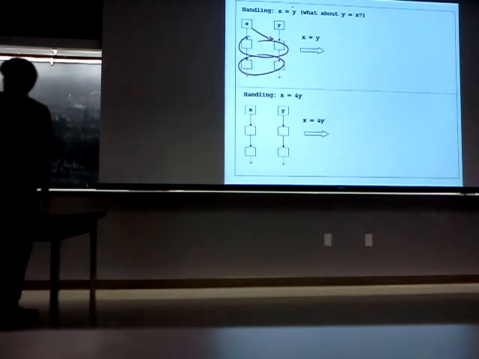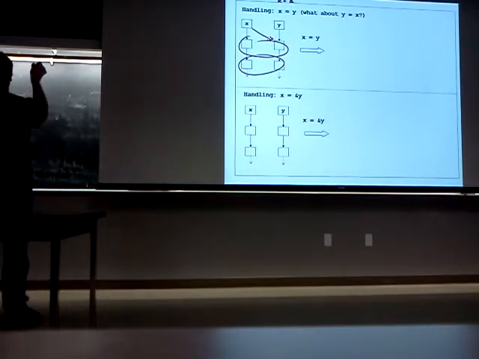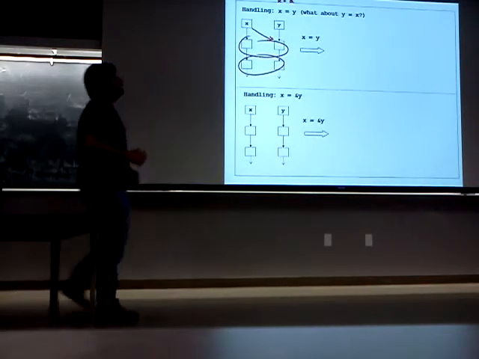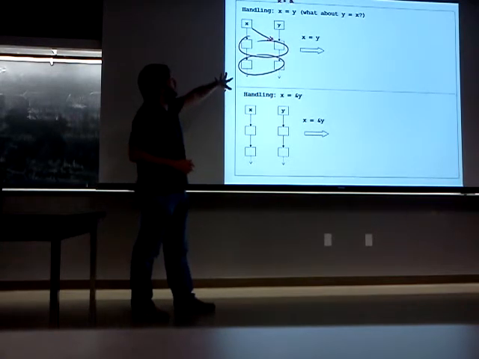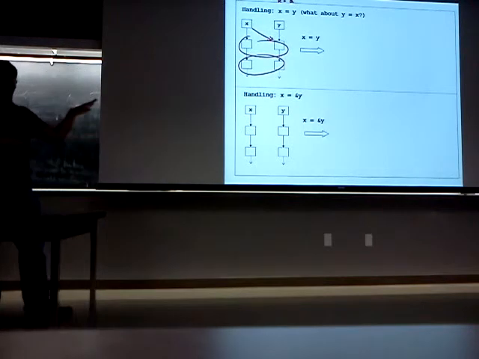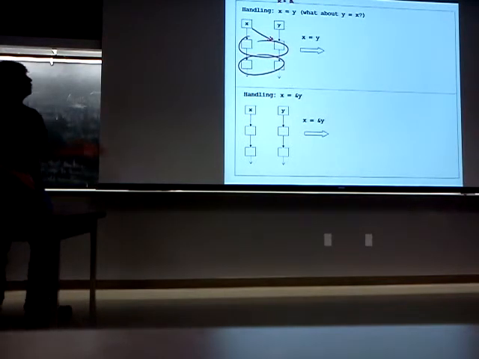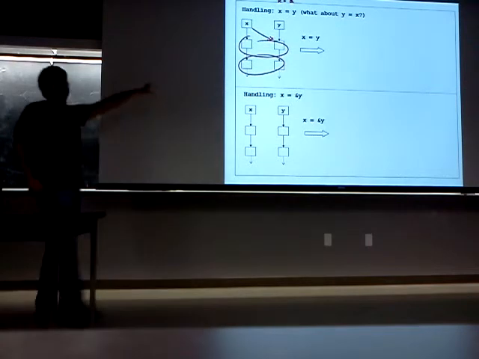For example, previously you could have another assignment, x equals a, and now x would point to whatever a points to and whatever y points to, but a and y wouldn't get contaminated. Here, it's totally symmetric. After this assignment, the directionality doesn't matter. Now x and y will always point to the same thing. Any information about y goes to x, and any information about x goes to y.